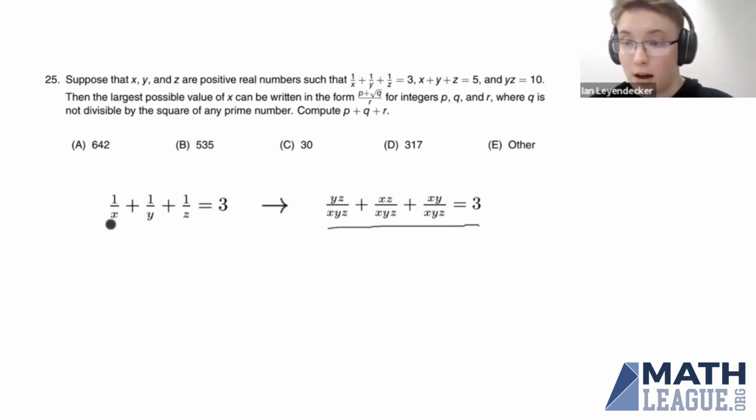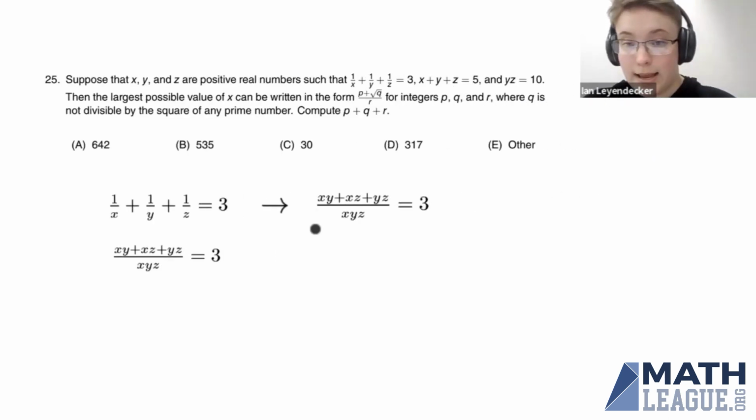That's what we get if we find the common denominator for fractions with the denominators of x, y, and z. And once we've got them all into the same denominator, we can combine it into a single fraction with the sum in the numerator, which is what we're going to get right here: (xy + xz + yz) over xyz equals 3.